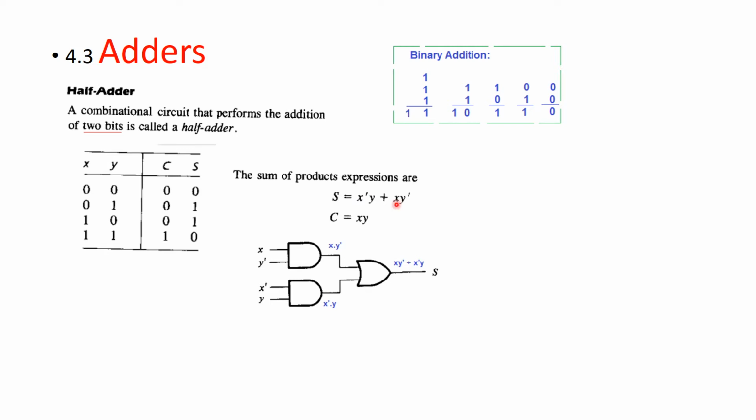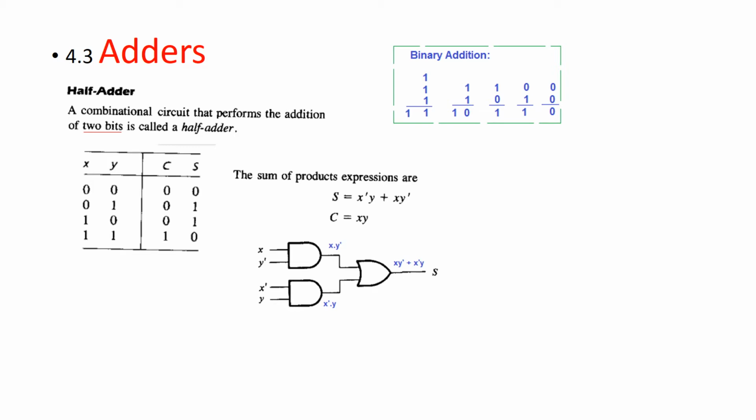The second part is X Y dash. So again we feed X from here and we feed Y dash from here. The output of the AND gate is X Y dash. This is also coming into the OR gate, and so the output of the OR gate will be this plus the other one.